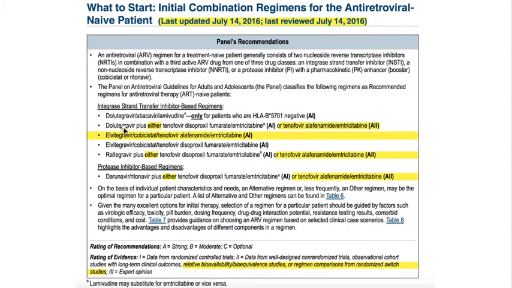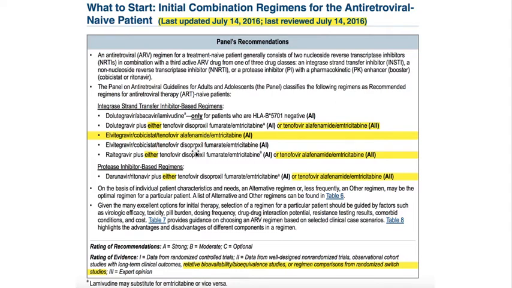So an integrase strand transfer inhibitor or an integrase inhibitor is combined with two nucleosides, generally tenofovir and emtricitabine, or abacavir lamivudine, but please remember with abacavir the patient has to be HLA-B5701 negative.